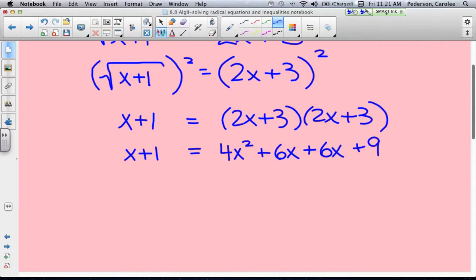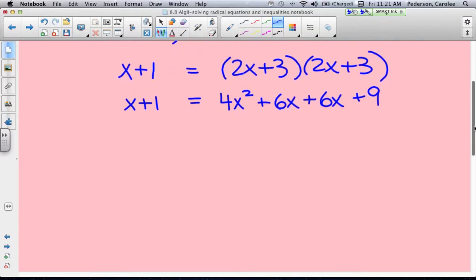Now what happened is a quadratic equation popped up. So we want to convert that to standard form. So we need to bring all the terms to the right. I'm just going to continue with the right side and combine my like terms. So 6x and 6x is 12x. And then set it equal to 0.